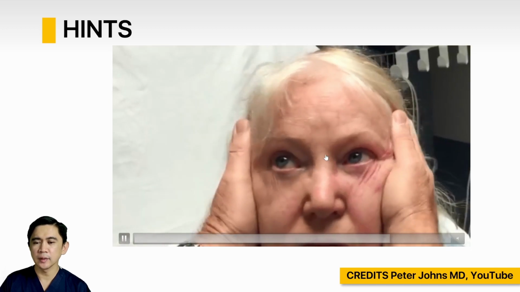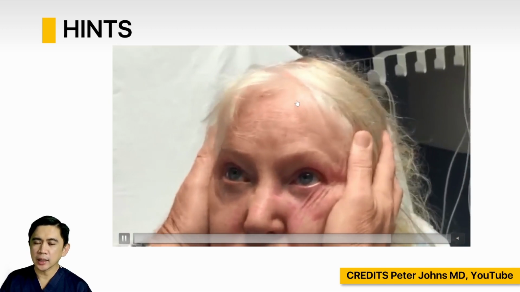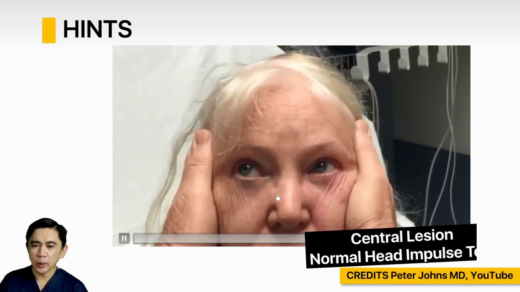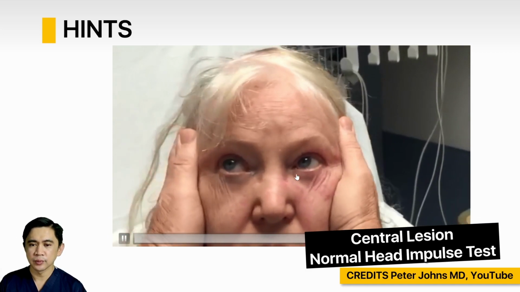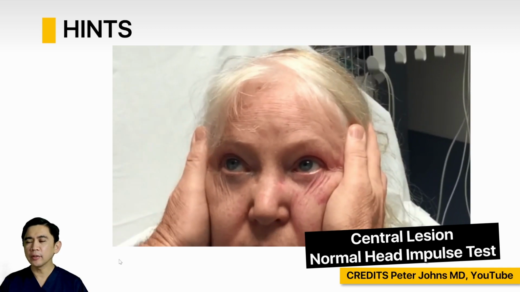Okay, there's a correction. Here, this lady has a central lesion. However, the head impulse test is normal. When we have a normal head impulse test in a very dizzy patient, it means the peripheral system is normal and that the dizziness should be coming from the central system.